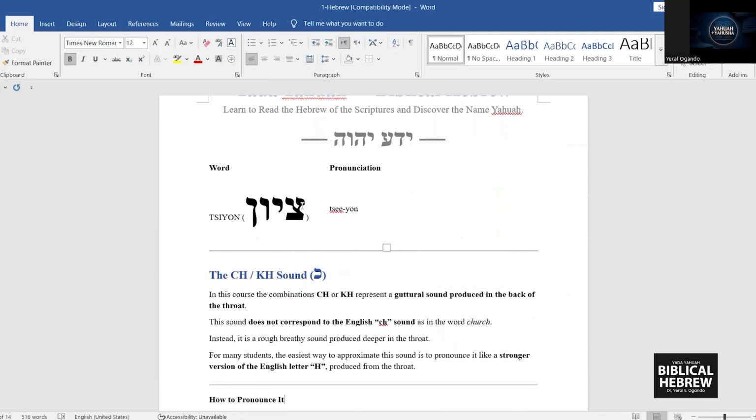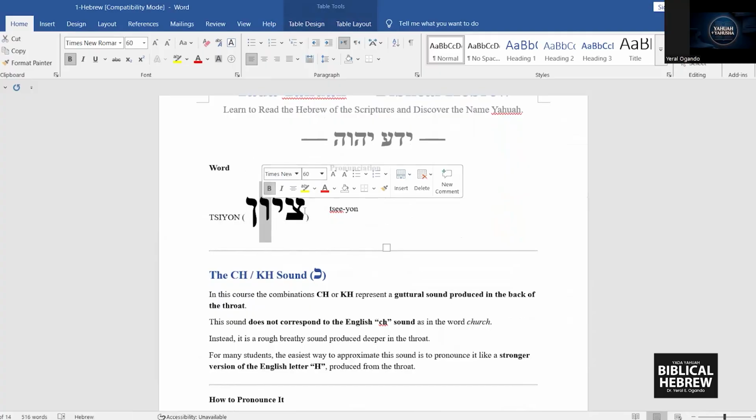Let us go to the next one. Next one, it has the tzade. It has the E sound. Remember, it has the wow sound. That's why we say Tzion. Tzion, because it has over here the E sound, Tzion. And here it is functioning as an O, the wow is as an O. And you will learn this later on.